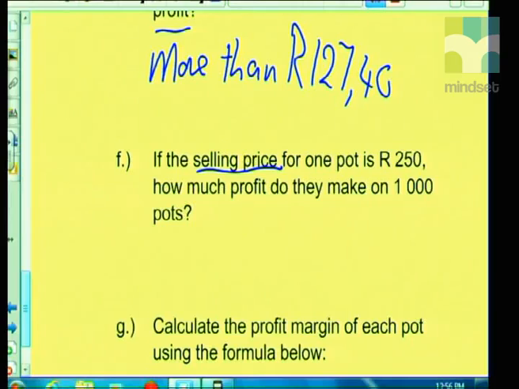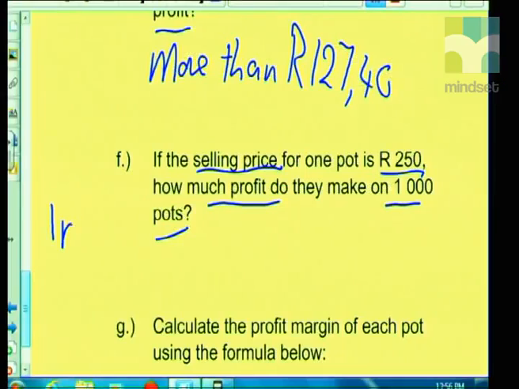There's no profit. So if the selling price for one pot is 250 Rand, how much profit do they make on 1,000 pots? Well, guys, it's not a difficult question. Let's work out the profit on one pot first of all.